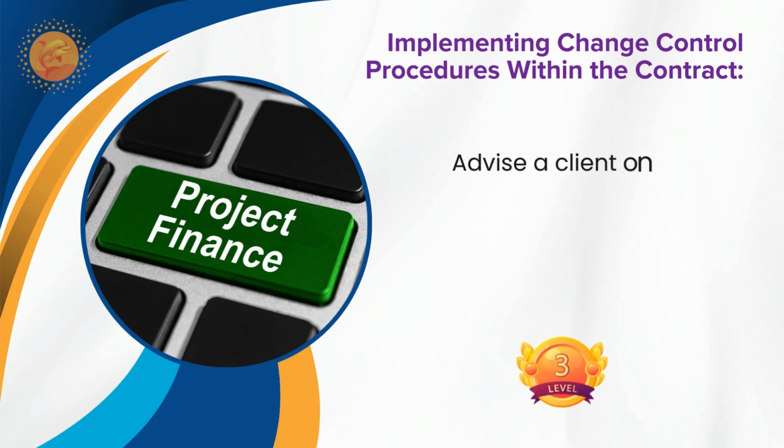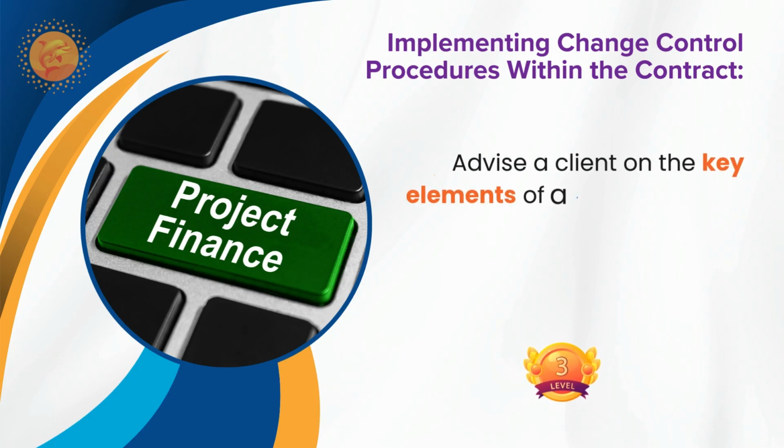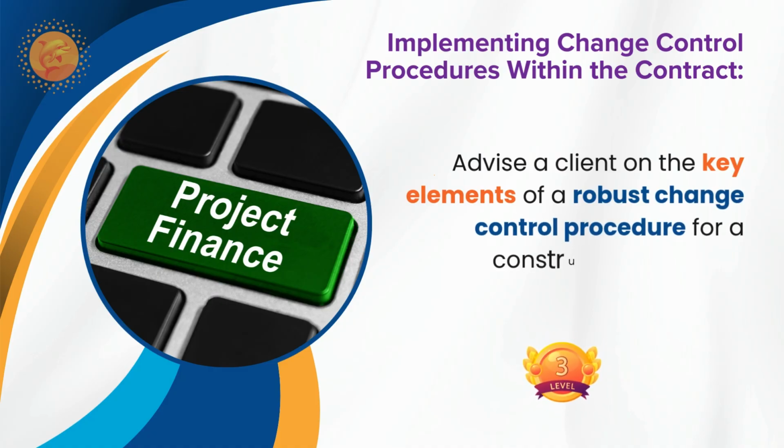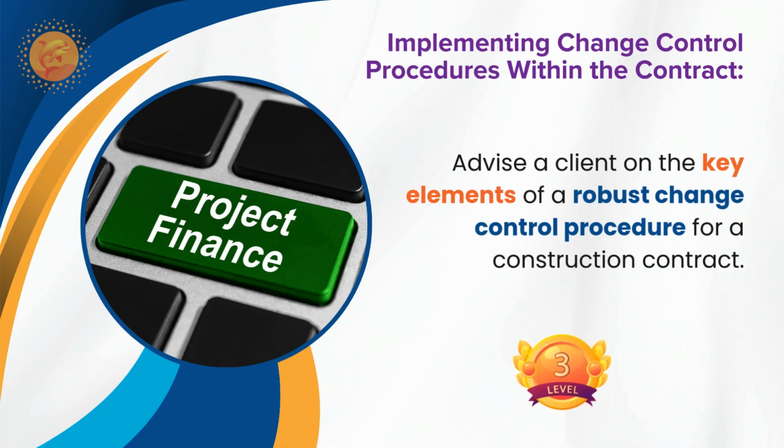So we will start with this level 3 question, which is coming under implementing change control procedures within the contract. So particularly when you are utilizing change control procedures, how will you implement?